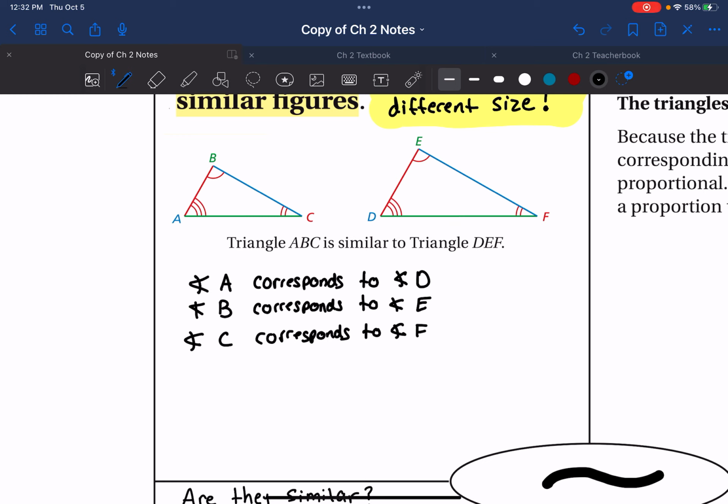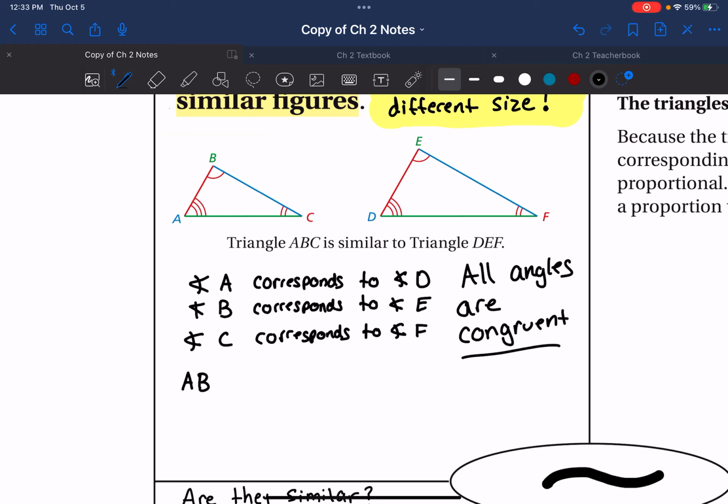They are congruent. So next to this, I'm going to say all angles are congruent. Please remember, congruent means identical, okay? However, let's talk about their sides.